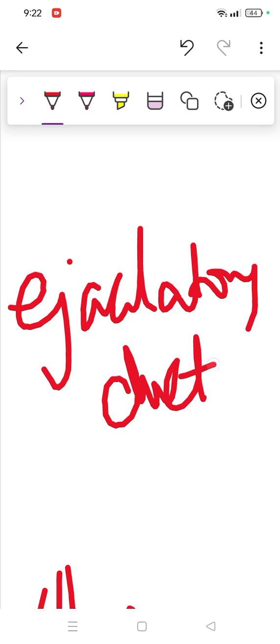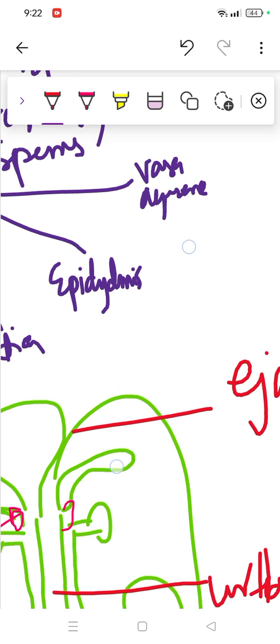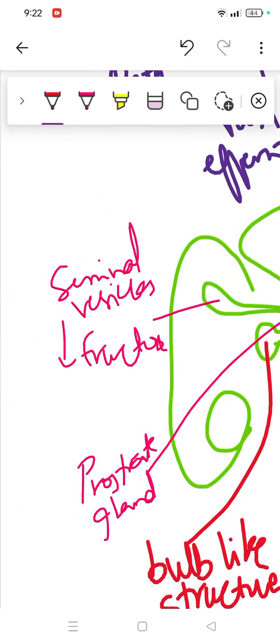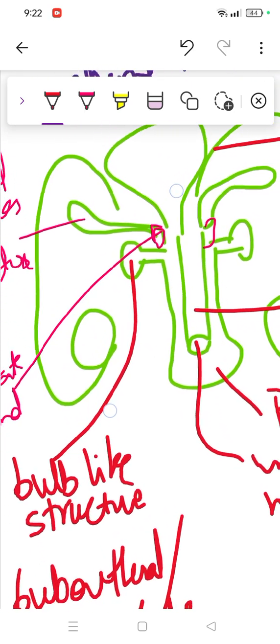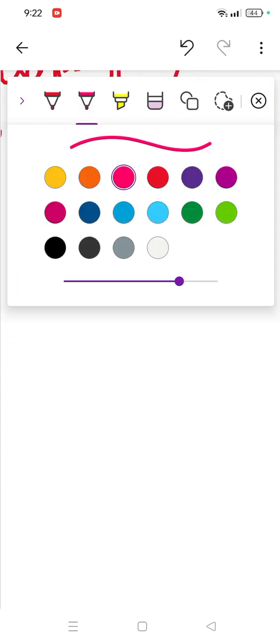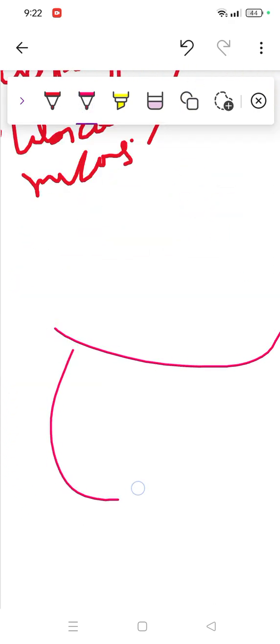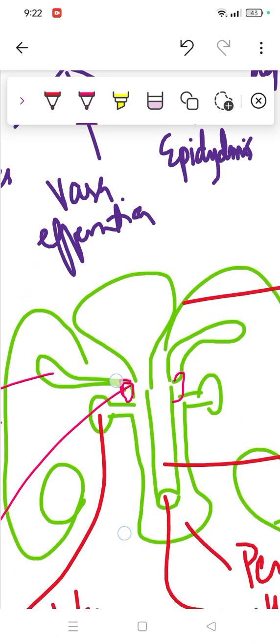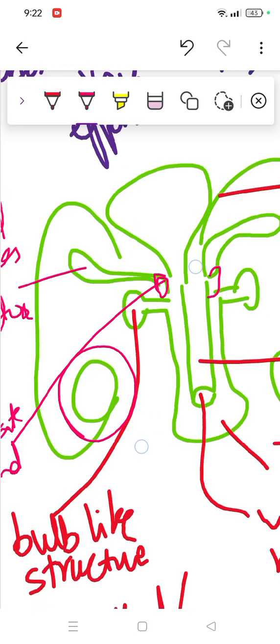Each ejaculatory duct carries around 200 to 300 sperm, and you'll also see one more structure here for storage of sperm, and this is the epididymis, if I haven't mentioned it here. This structure is done. Before I end this structure, here you'll see one more structure like this. Now I'm simply going to enlarge this one and these parts.